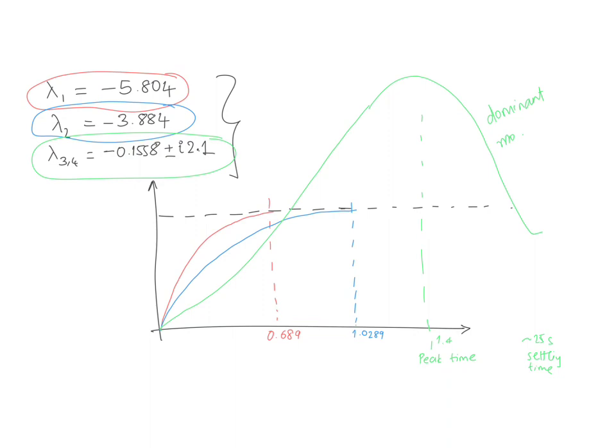Now, if you want to find out what the total response looks like, how to add up these three in what proportions, that's something where the B matrix does come in, and we'll have to talk about that. So there are two things that I'll want to do in terms of details. One detail is calculating the actual impulse response, and to this end we actually use MATLAB's impulse function.